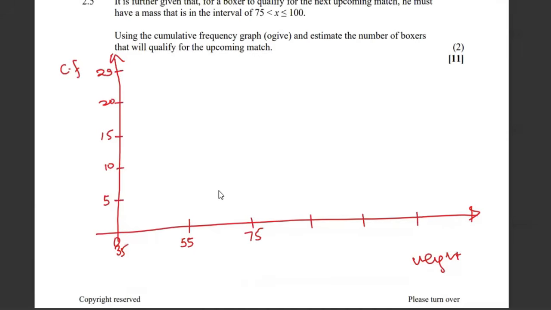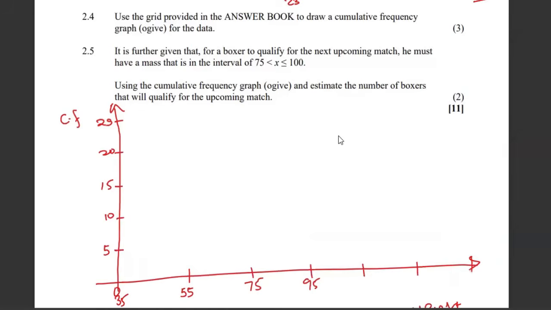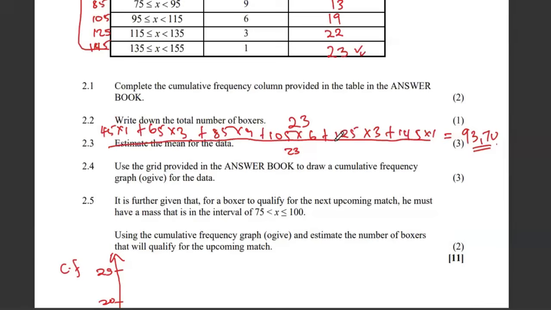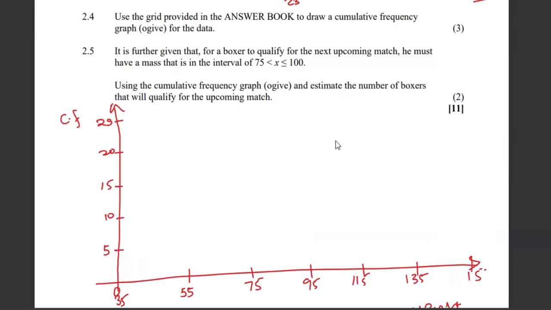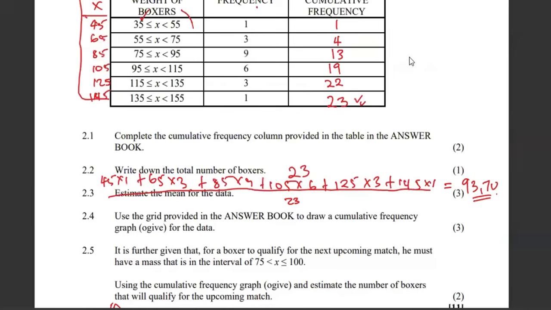And then I'm going to have my 95. Okay, 115, 135, and then 155. So when you're plotting, use the upper intervals, only these ones, and then plot the cumulatives.